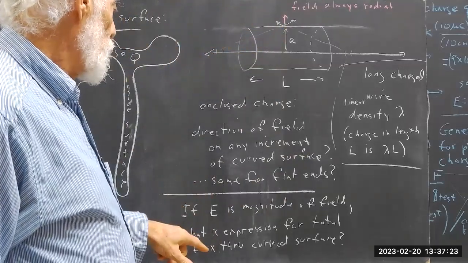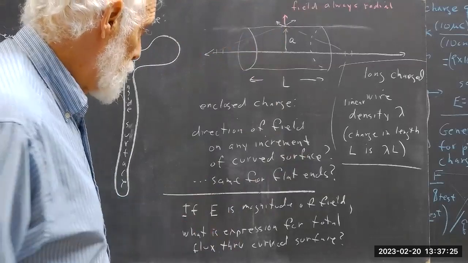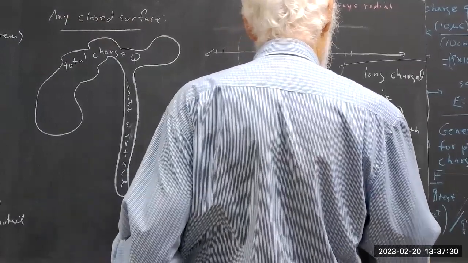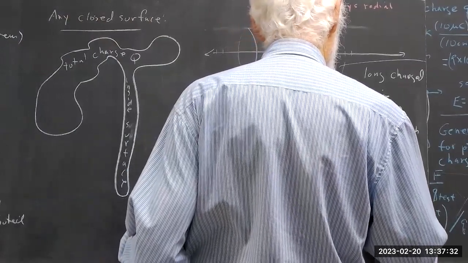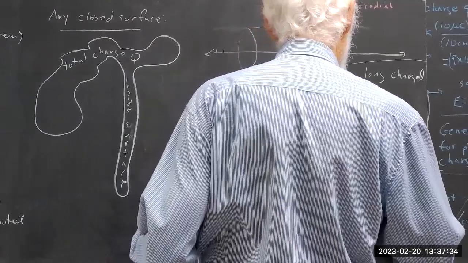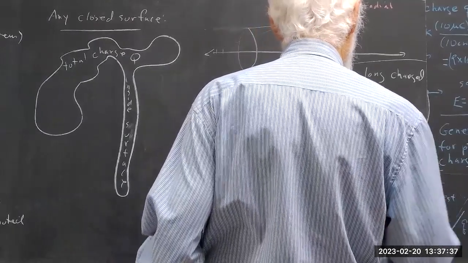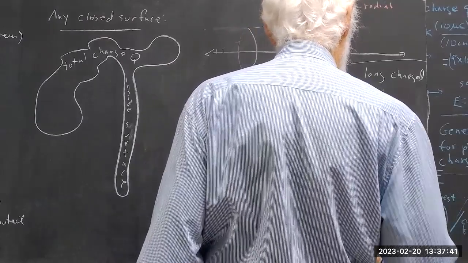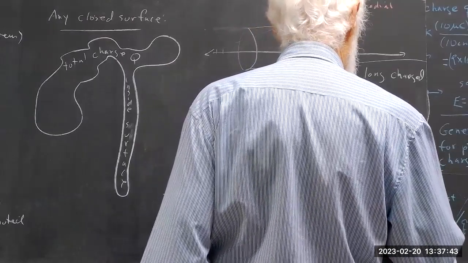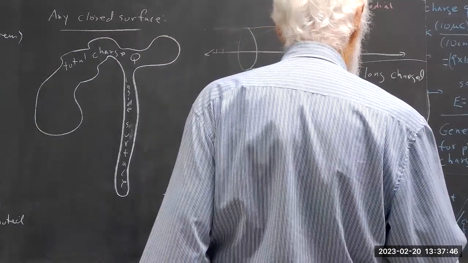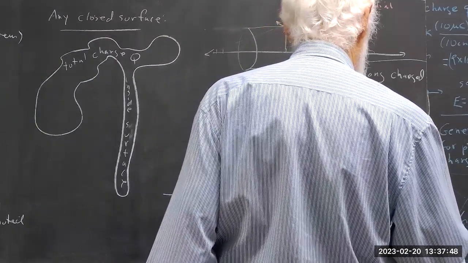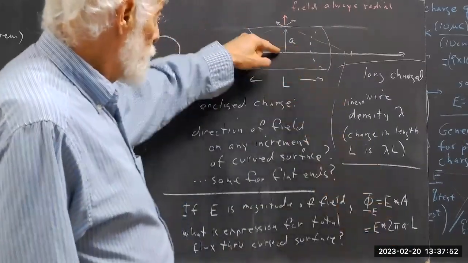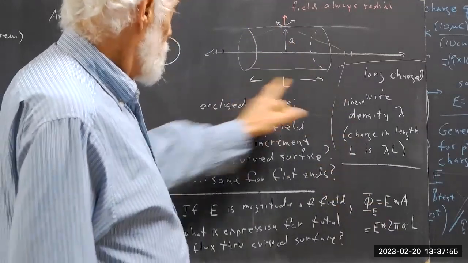So, if these are magnitude of the field, what's the expression for the total flux through the curved surface? Well, it's E times A, which is E times the circumference, which is 2 pi a, because a is the radius, times the length.